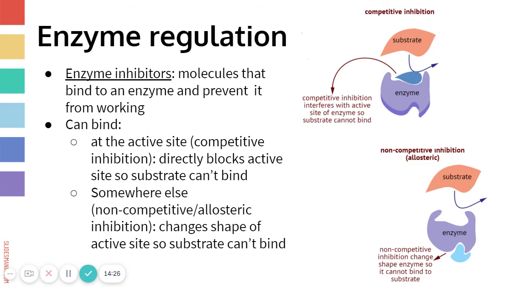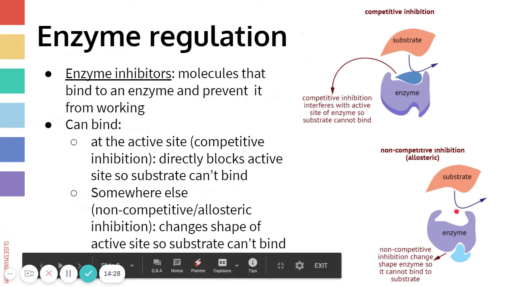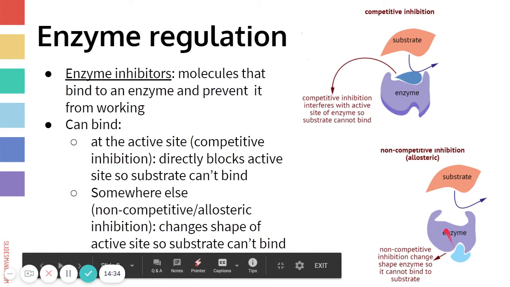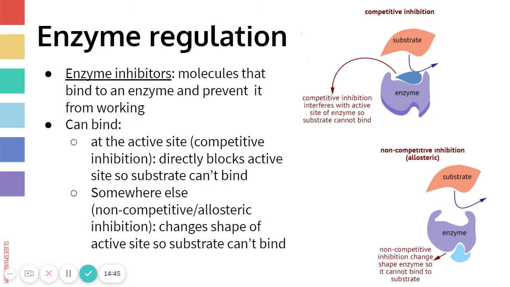So the substrate can't bind even though the active site's empty. So we call it non-competitive inhibition because the inhibitor is not actually competing with the substrate for the active site. It's going somewhere totally different. But by binding to that other place, we're changing the shape of the active site so the end result is the same, that the substrate can't bind.